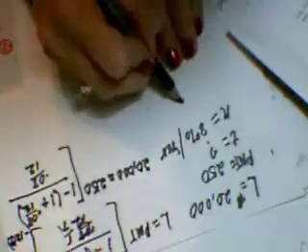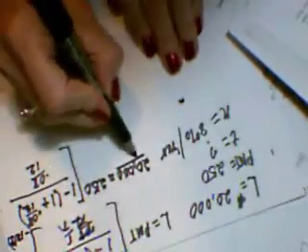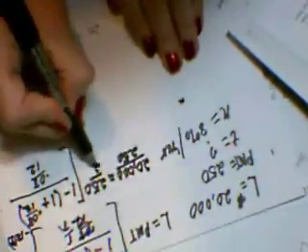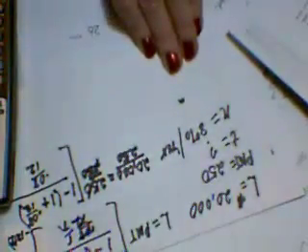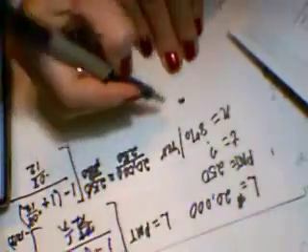So I have $20,000. I'm going to go ahead and divide 250 on both sides of the equation so I can get rid of that. So that gives me 80.